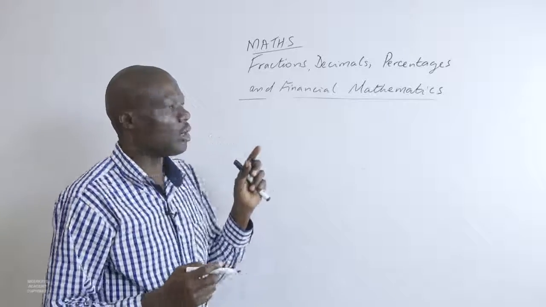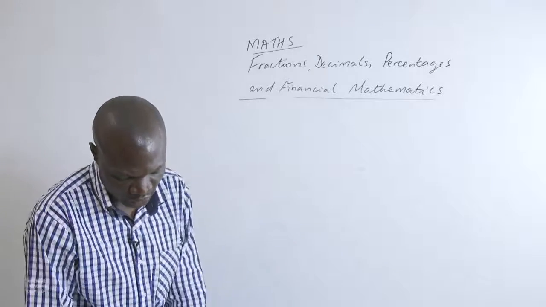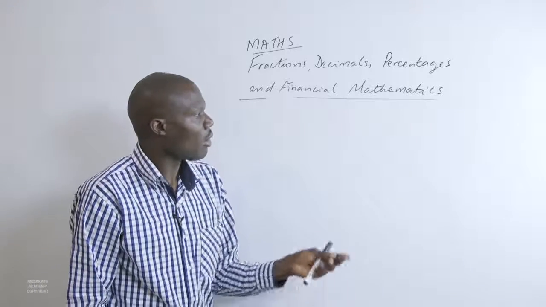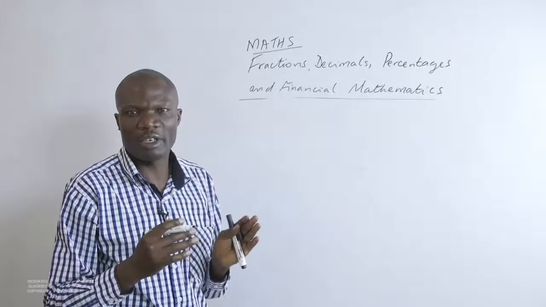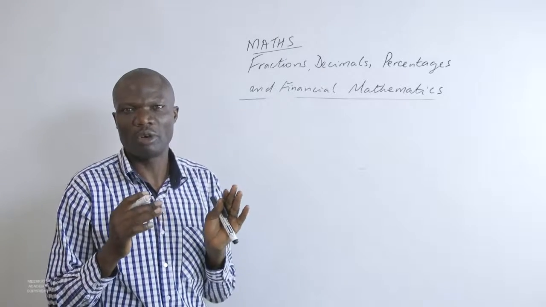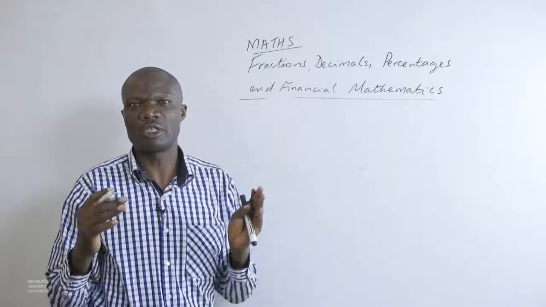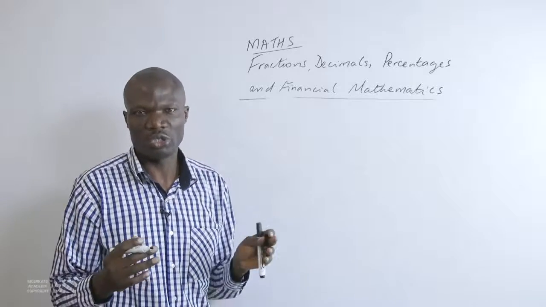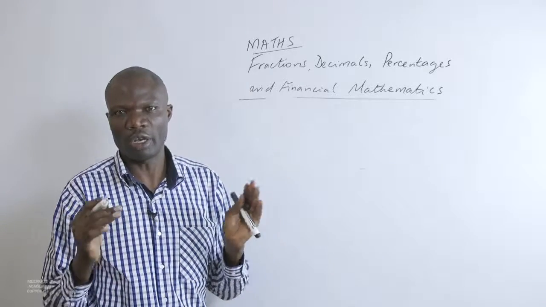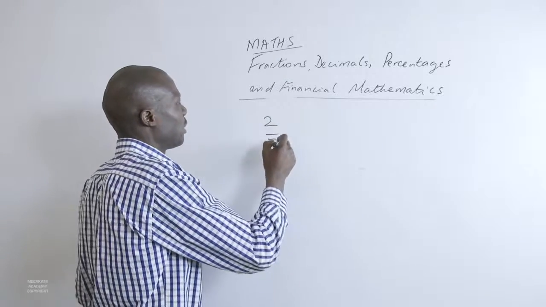Equivalent fractions can also be obtained by simply multiplying the numerator and the denominator by the same whole number. A whole number is a number that is not a fraction, like 5, 10, 2, 3. So take 2/7.